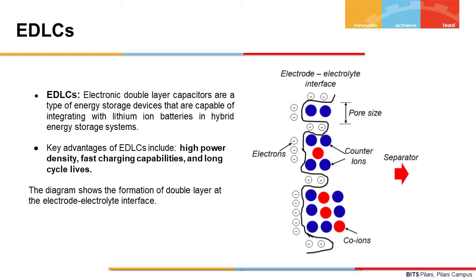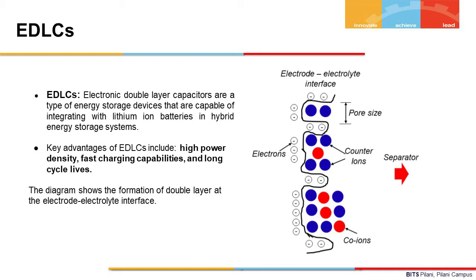Electrochemical double-layer capacitors are a type of energy storage devices that are capable of integrating with lithium-ion batteries in hybrid energy storage systems. As a result of this, they are able to overcome the limitations of lithium-ion batteries. These EDLCs are specially designed capacitors with huge capacitance value and energy densities as compared to normal capacitors.